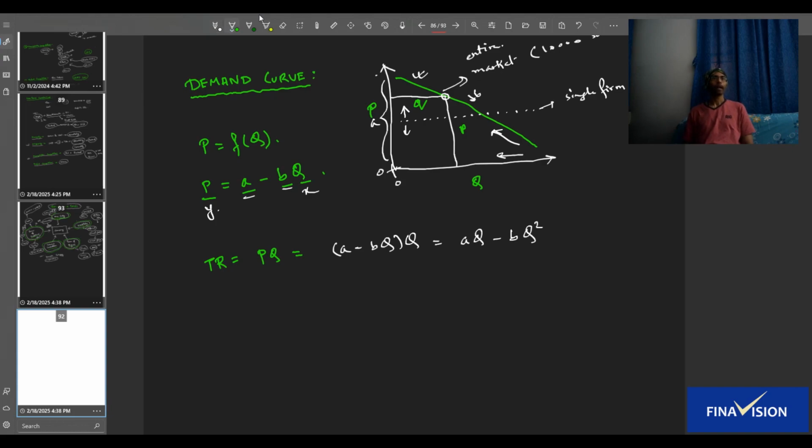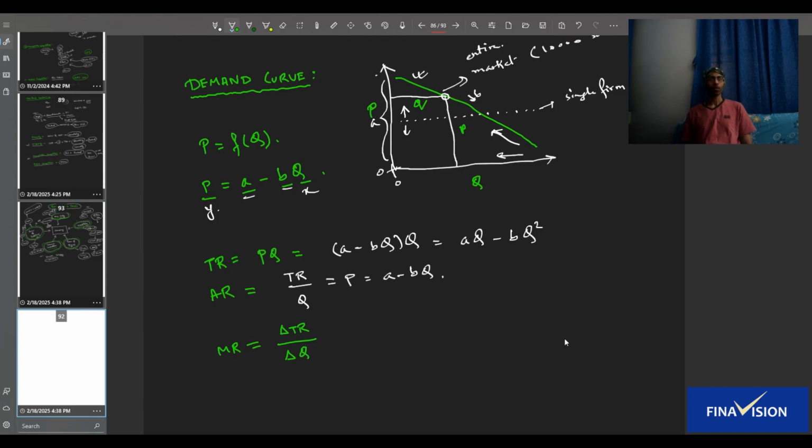Now what is the average revenue, friends? Average revenue is equal to total revenue by total quantity. So this is nothing but the price, friends. This is equal to A - BQ. What is the marginal revenue, friends? Marginal revenue is the small change in total revenue, represented by del TR, that happens due to a small change in demand or quantity.